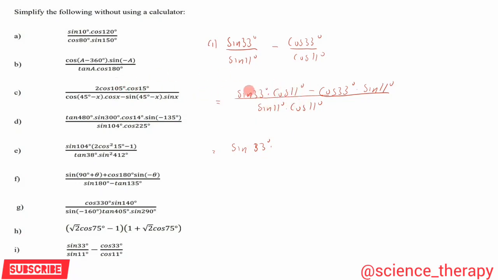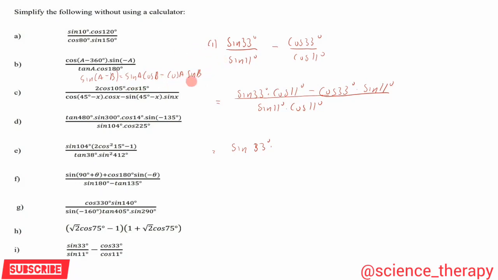What compound angle looks similar to this one? If we check sine A minus B from our formula sheet, this gives you sine A cos B minus cos A sine B, which is a similar situation here. If your A is 33 and your B is 11, this is your A, this is your B, and sine cos, cos sine.